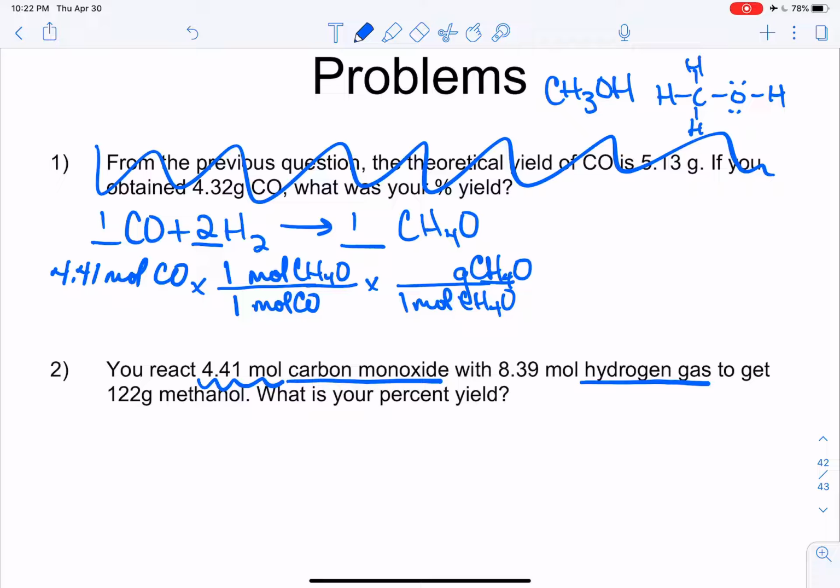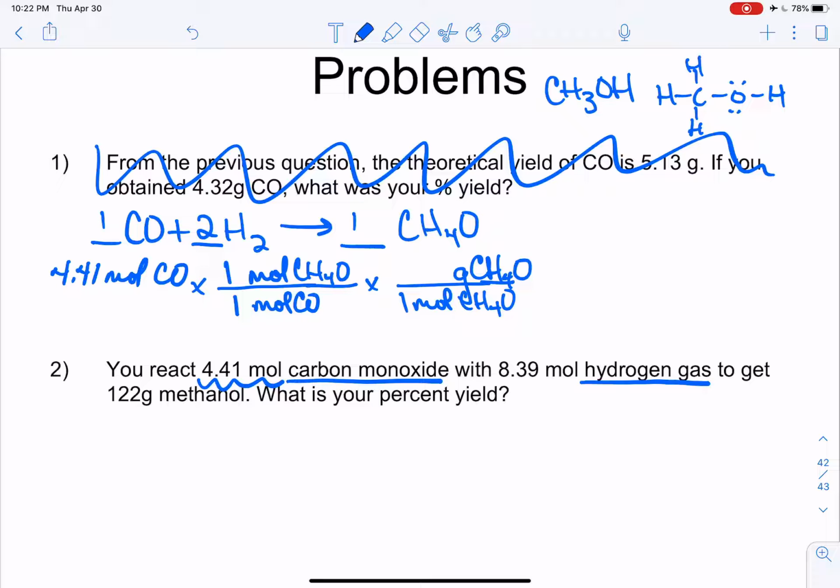And so we would add up the mass for carbon, which is 12.01, and then oxygen, 15.999 or 16, and then 4 times the mass of hydrogen, which is 1.01 or 1.00797, depending on which kind of periodic table you're using.